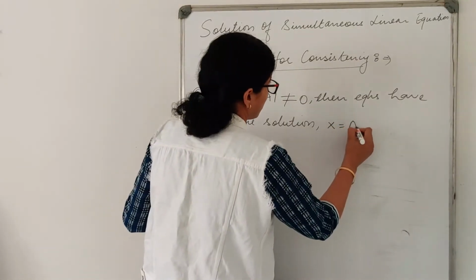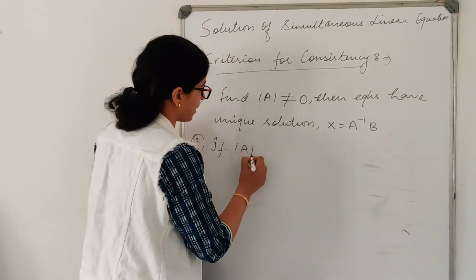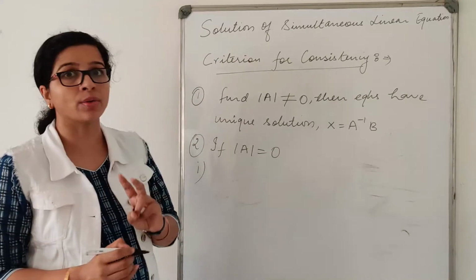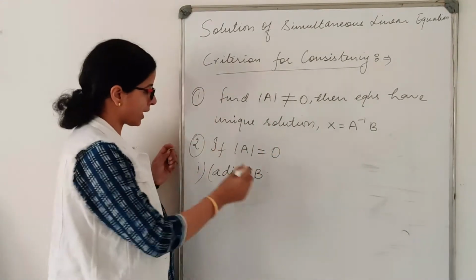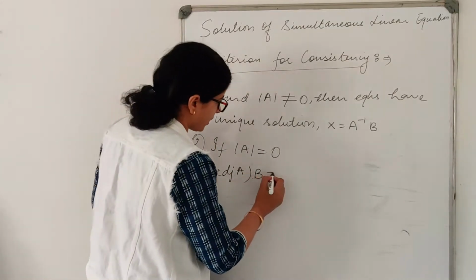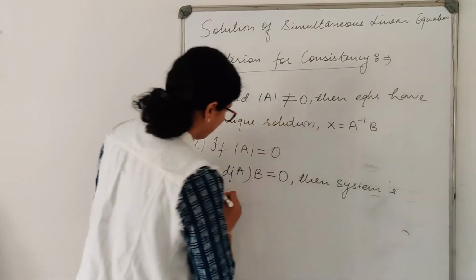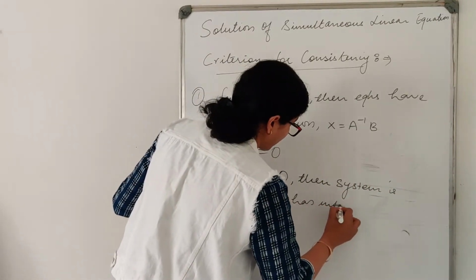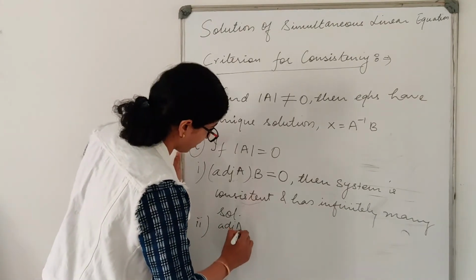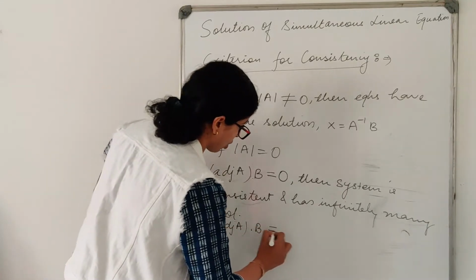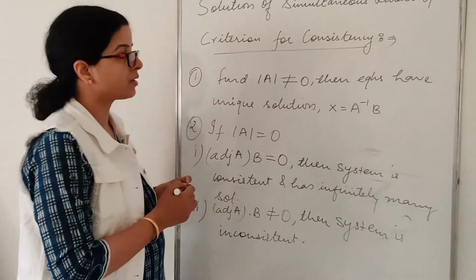X is equal to A inverse B. Second, if determinant A is equal to 0, we calculate adjoint A into B. If adjoint A into B is equal to 0, then the system is consistent and has infinitely many solutions. It may happen that adjoint A into B is not equal to 0, then the system becomes inconsistent, that is, no solution.